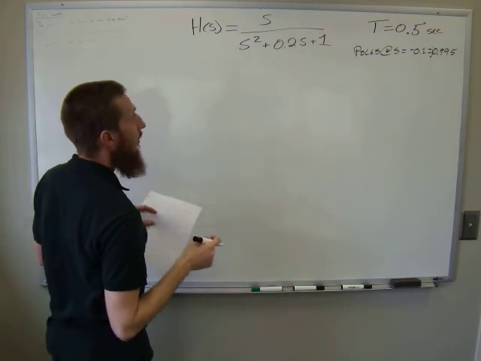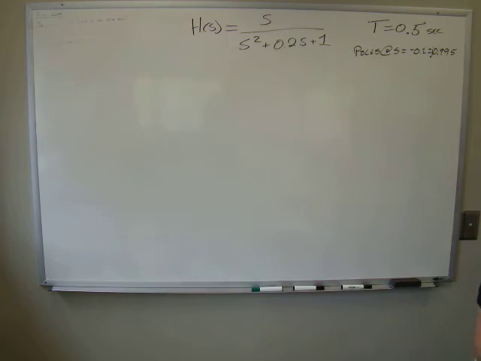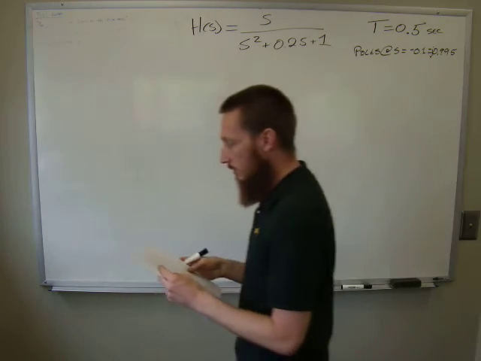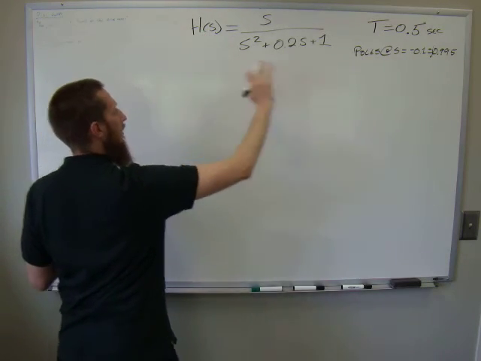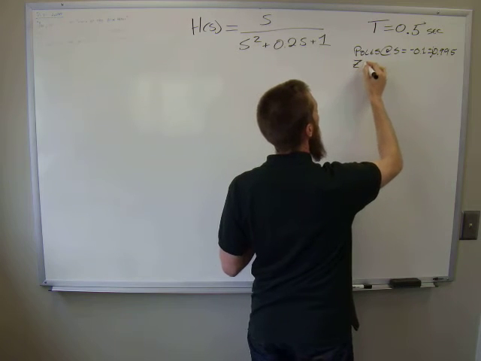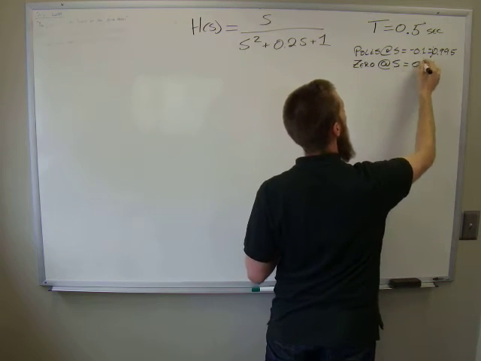So now we can use the steps that we had from the previous. The first thing is determine the poles and zeros of H of S. We have a 0 at S is equal to 0.